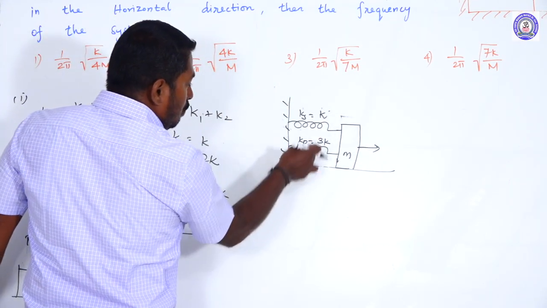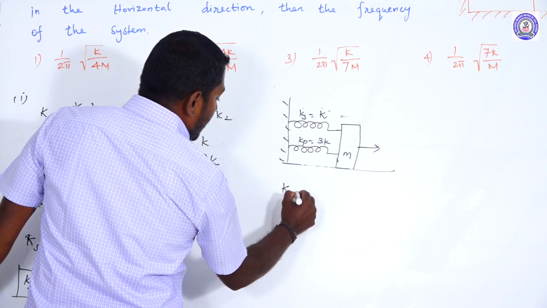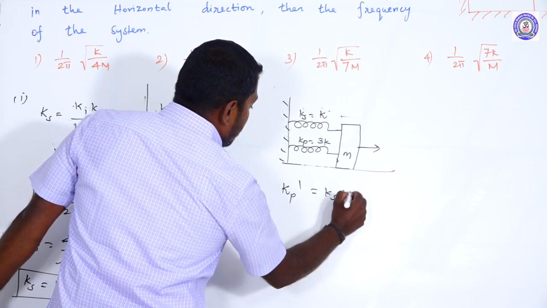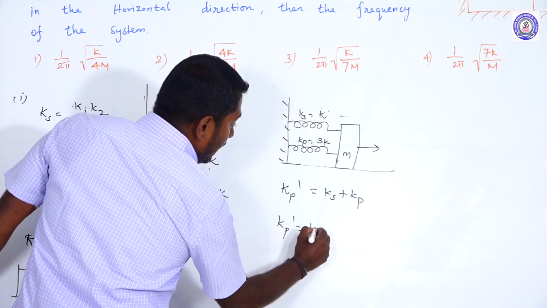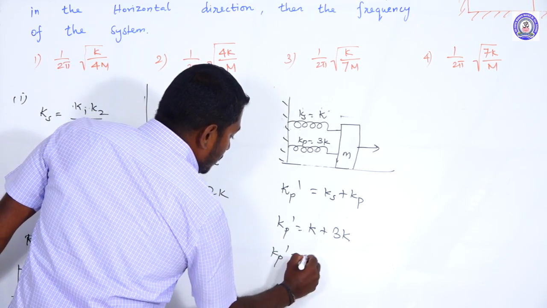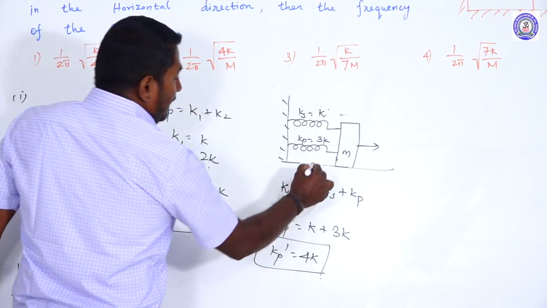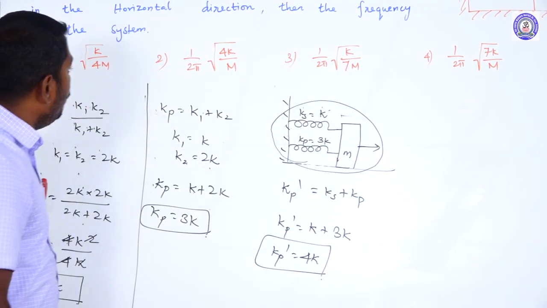Now in this case, both the springs are connected in parallel. Effective spring constant connected in parallel, kp prime is equal to ks plus kp. So kp prime is equal to k plus 3k, then kp prime is equal to 4k. So finally the effective spring constant in this configuration is 4k.